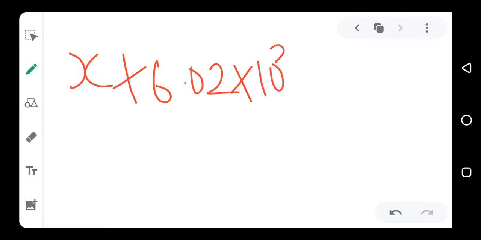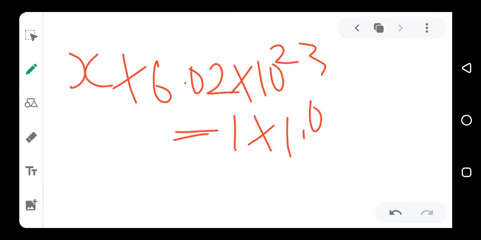X times 6.02 times 10 raised to the power 23 is equal to 1 times 1.05 times 10 raised to power 23.